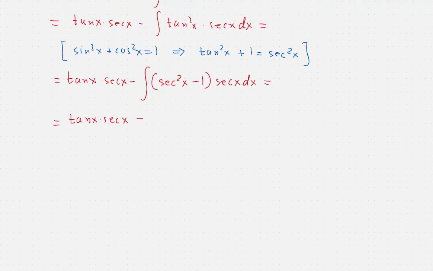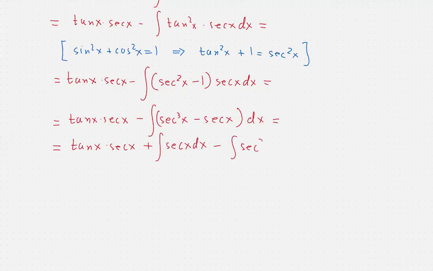So we distribute the secant, and we can break this into two integrals. Let's put the integral of the secant first, because we know what it is, and then minus the integral of the cubed, third power of secant.